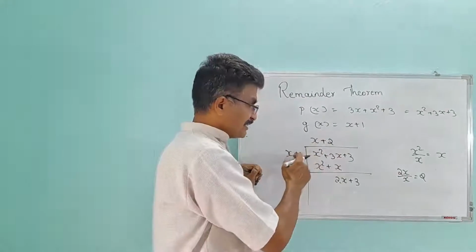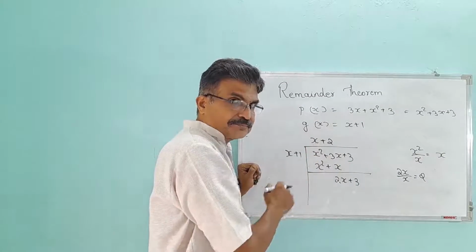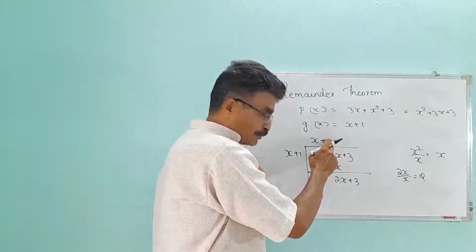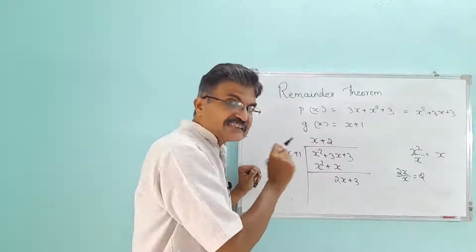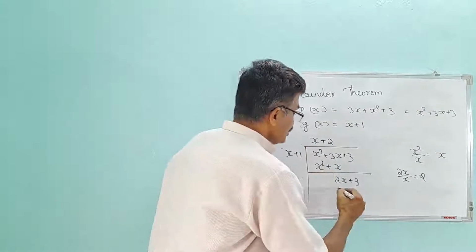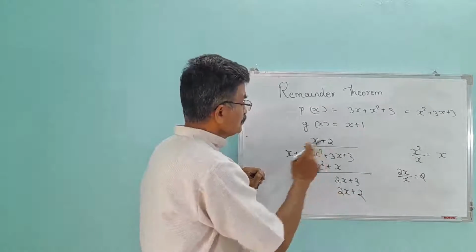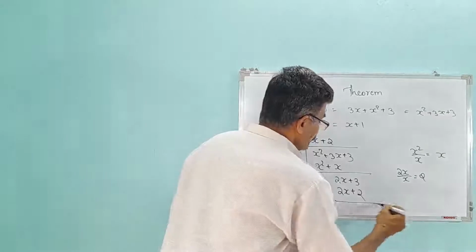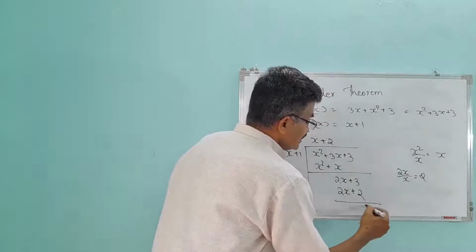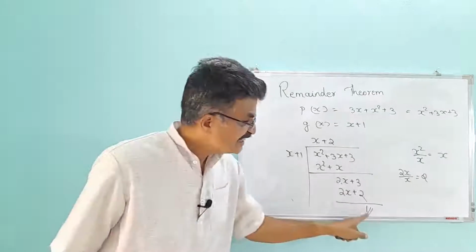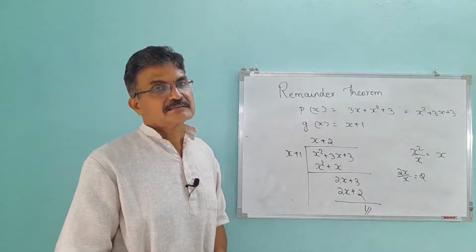Multiply this 2 with every term of the divisor, that is 2x plus 2. Do the subtraction. These will cancel and the answer is 1. This 1 is the remainder.